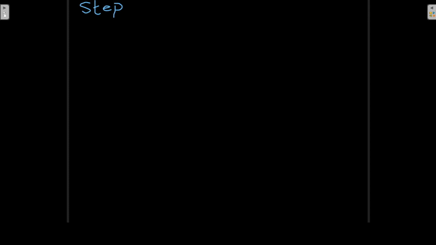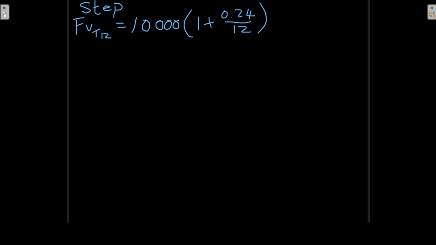So for step 1, we will move the 10,000 rands from time T0 to time T12. I will call that the future value at time T12. And now I use the formula that we've been using for compound interest. So the future value is equal to the present value, which in this case is 10,000 rands, times 1 plus the interest value to the power n. My interest is 24% per annum compounded monthly, and we have 12 months.